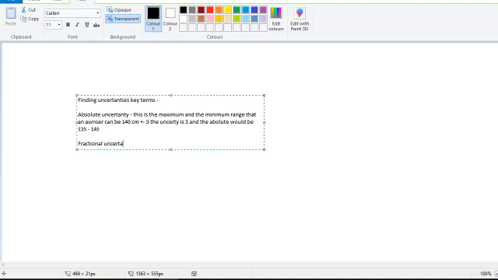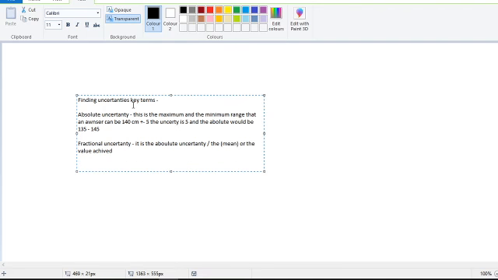Fractional uncertainty is very simple. It is the absolute uncertainty divided by the mean, or the value achieved, in a way.